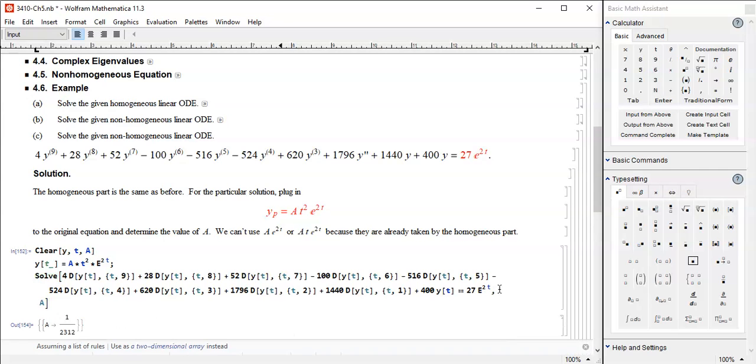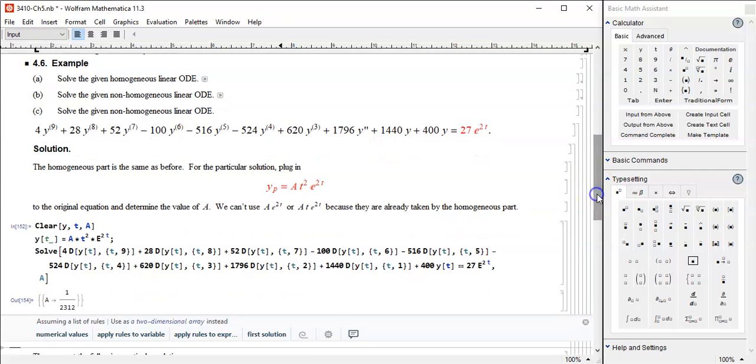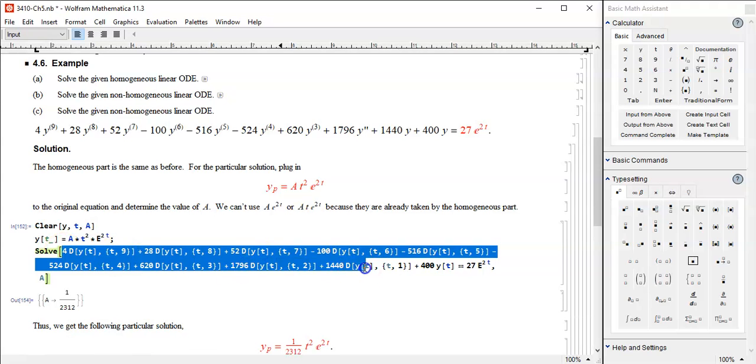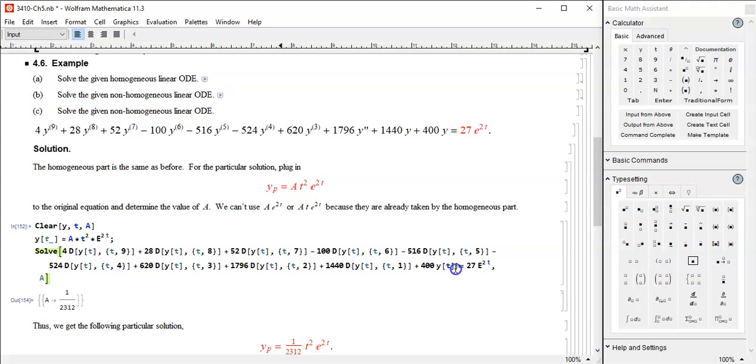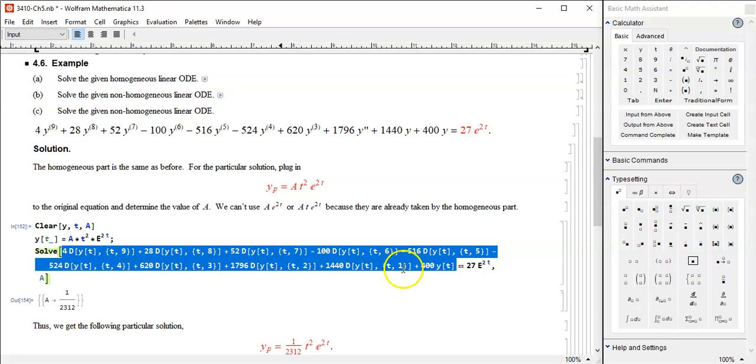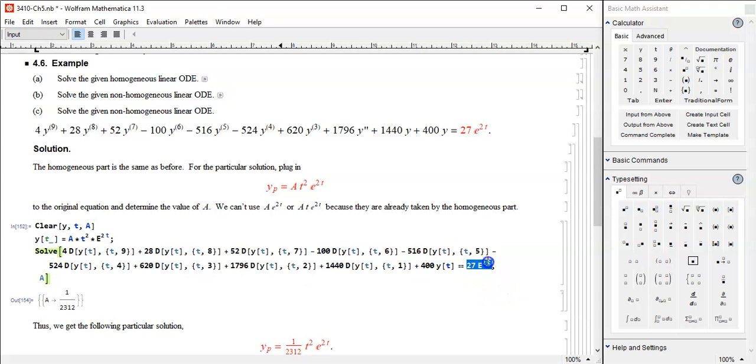It works out. Let's see, what did I do? This is the differential equation. Yeah, we have 9th derivative, 8th derivative, and so on. And then it is equal to 27 e to the 2t power. And then coefficient a is what we are looking for.